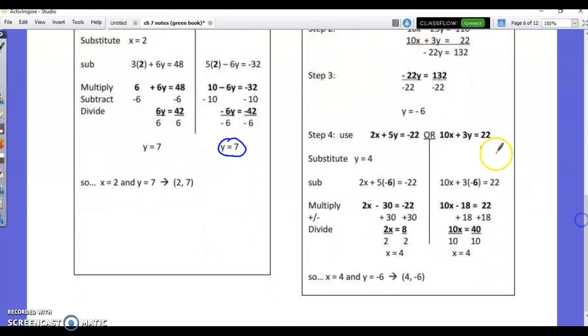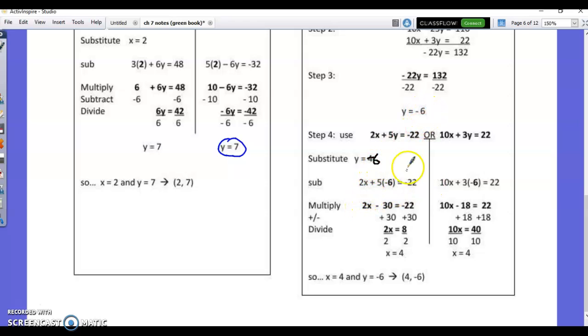But again, I showed you using both of the equations how, if we put the value in for y, remember not x because we solved for y here, we would get our answer. So if I put that in, or -6, this should be a -6 because I made a misprint there.